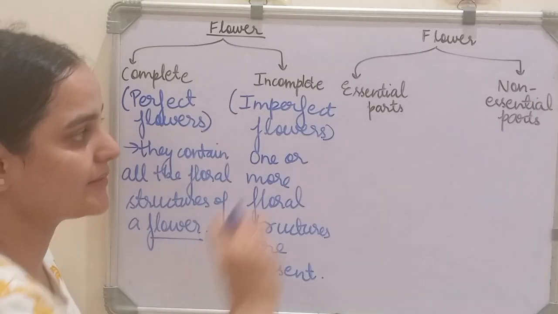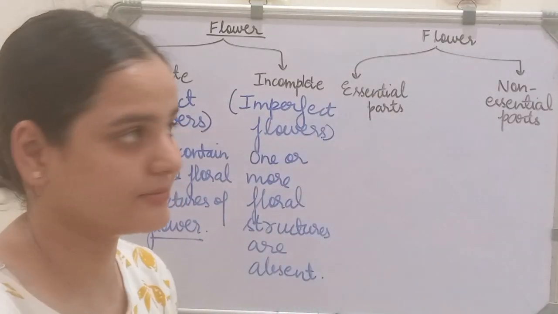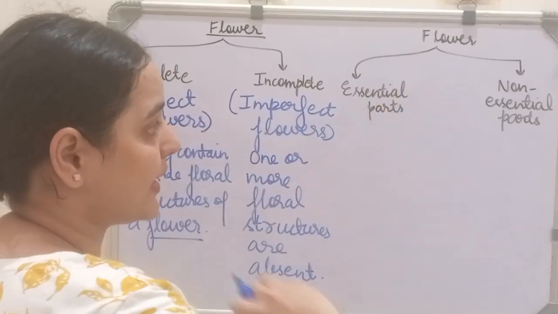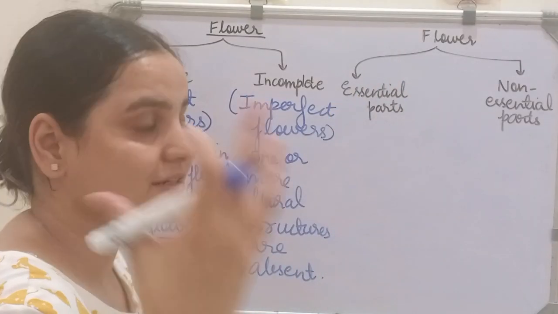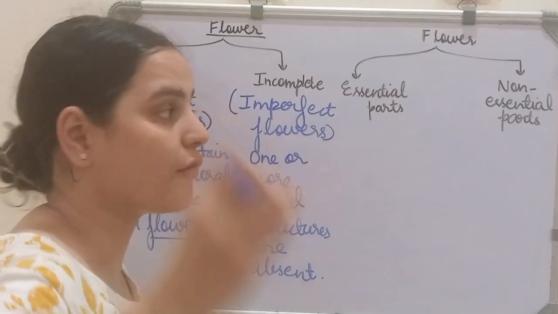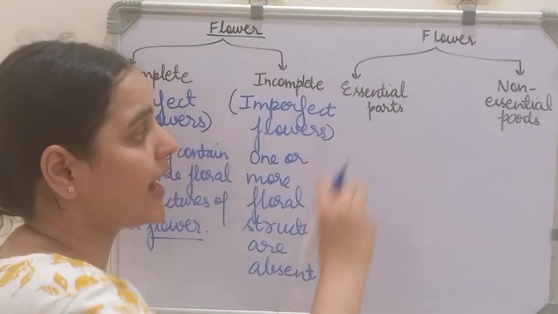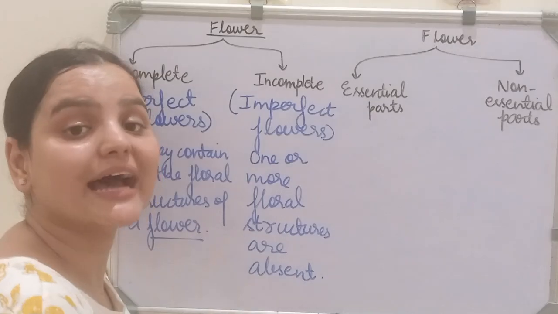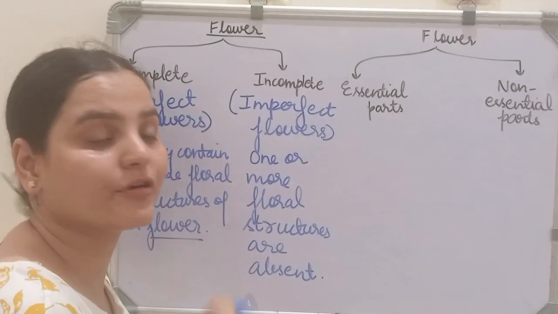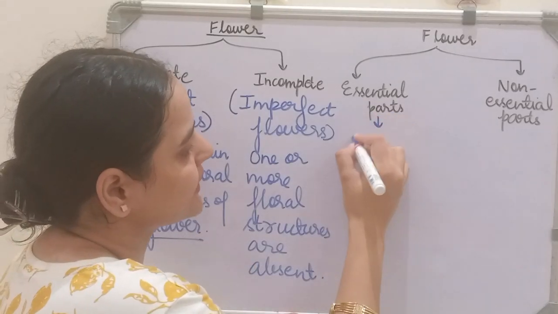Now let's study about essential parts and non-essential parts. So a flower which has the parts which are responsible for reproduction, those are known as essential parts.